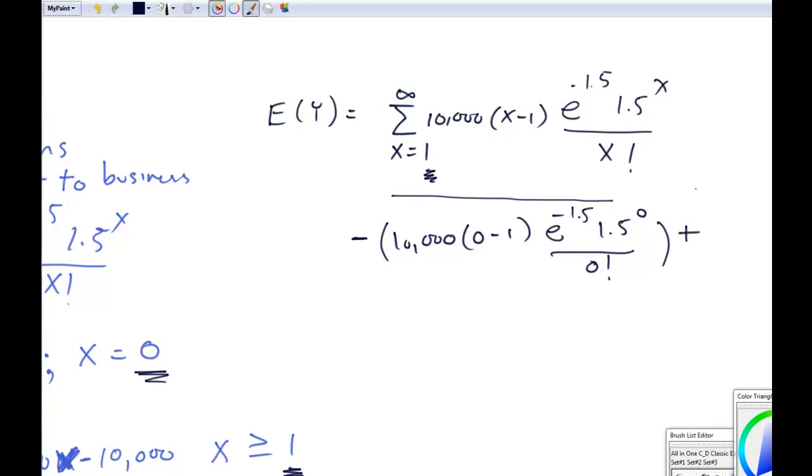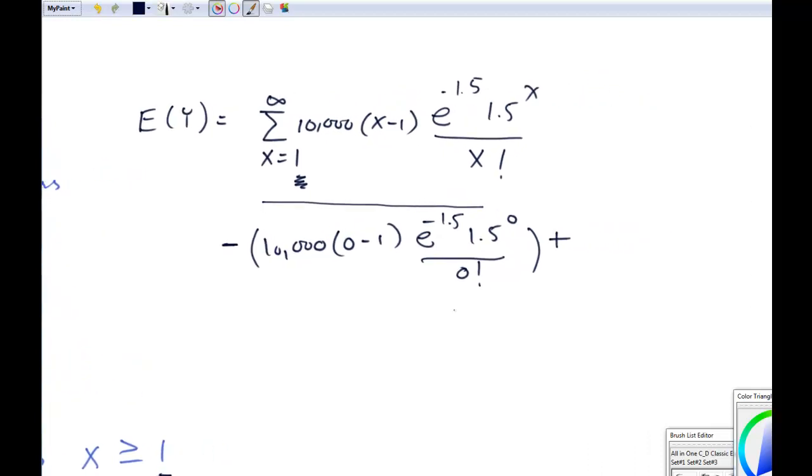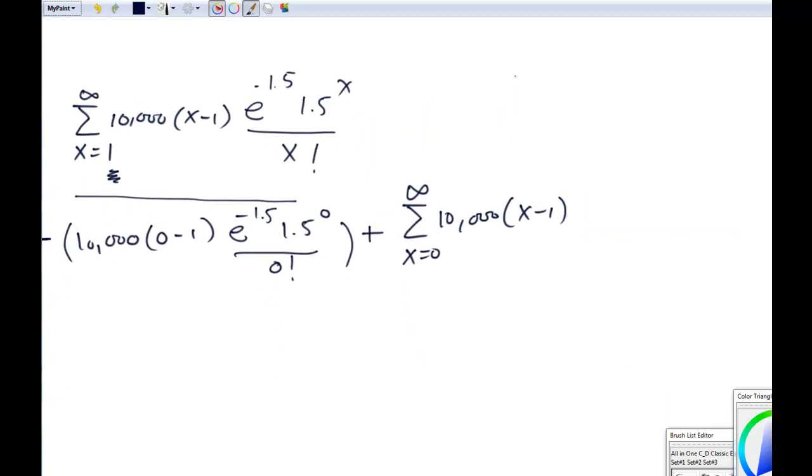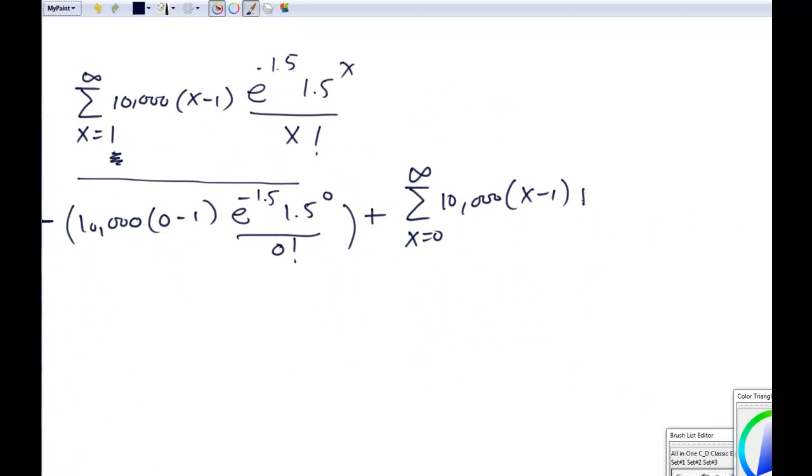And then plus, we're going to end up with the expected value, the sum from x equals 0 to infinity of 10,000 times x minus 1, and then our PDF. It's the same thing as before, I just got tired of writing it.